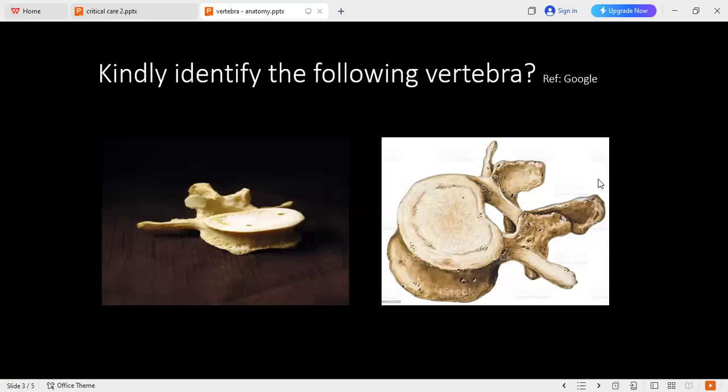Inferior facet joint. Are you sure? This is part of the sinus process, I think. Yes. What is this, please? This is the superior facet joint, the articulating facet. Yes.